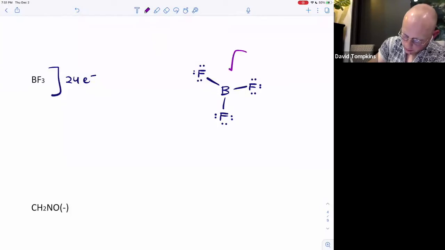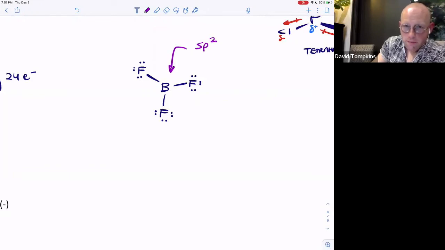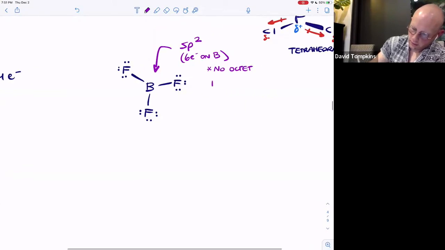So in other words, this boron atom with 3 domains is sp2 hybridized. And it has only 6 electrons that it's sharing, or no octet. But for group 3 metalloids and metals like boron and aluminum, it's actually okay to have no octet.